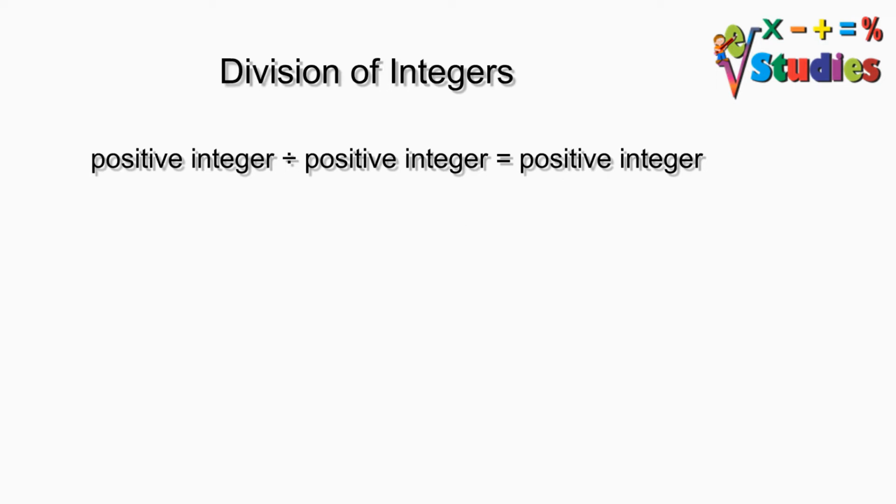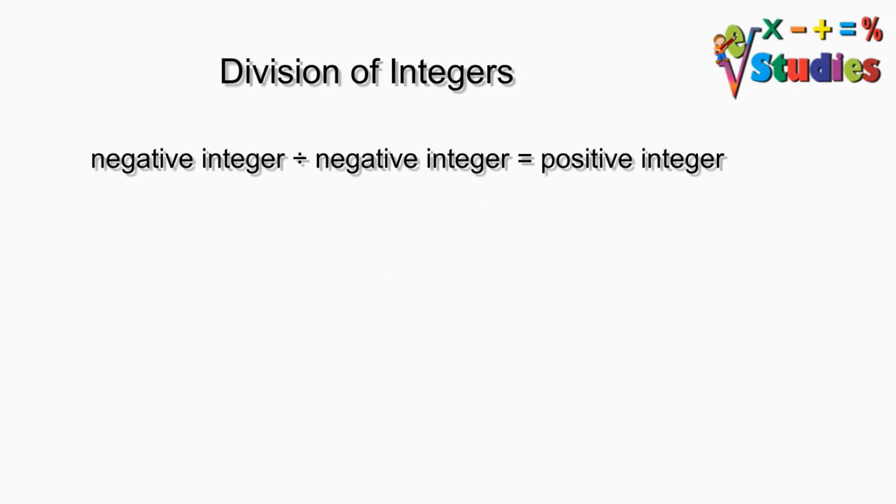Now let's see how division works with integers. When a positive integer is divided by a positive integer, the sign of the answer would be positive. For example, positive 12 divided by positive 3 will give us positive 4. Similarly, when dividing a negative integer by a negative integer, the sign of the answer would be positive.